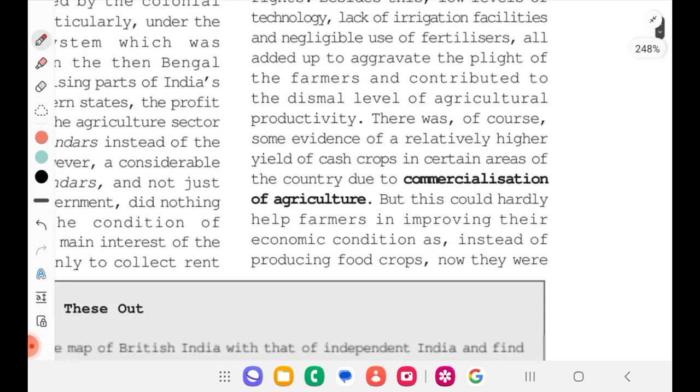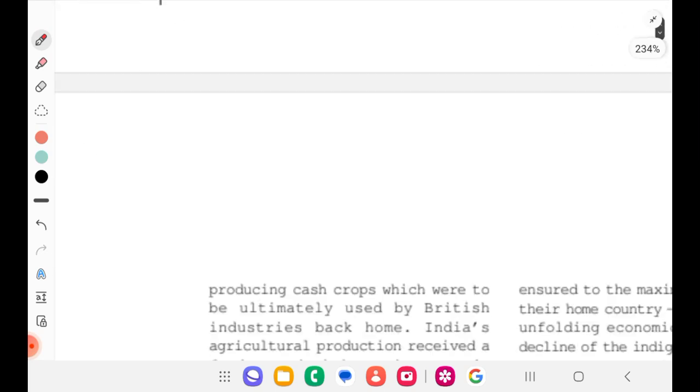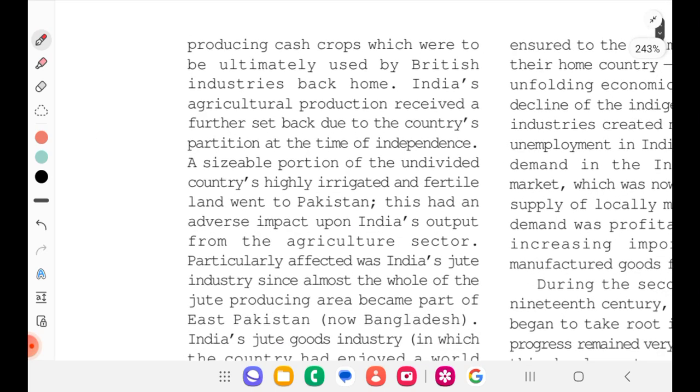But this could hardly help farmers in improving their economic condition, as instead of producing food crops, now they were producing cash crops which were to be ultimately used by British industries back home.